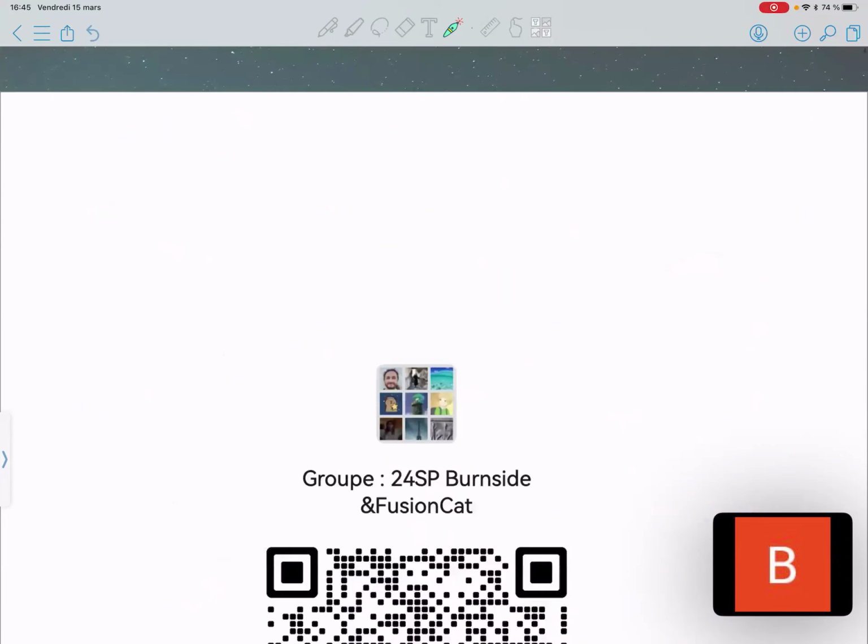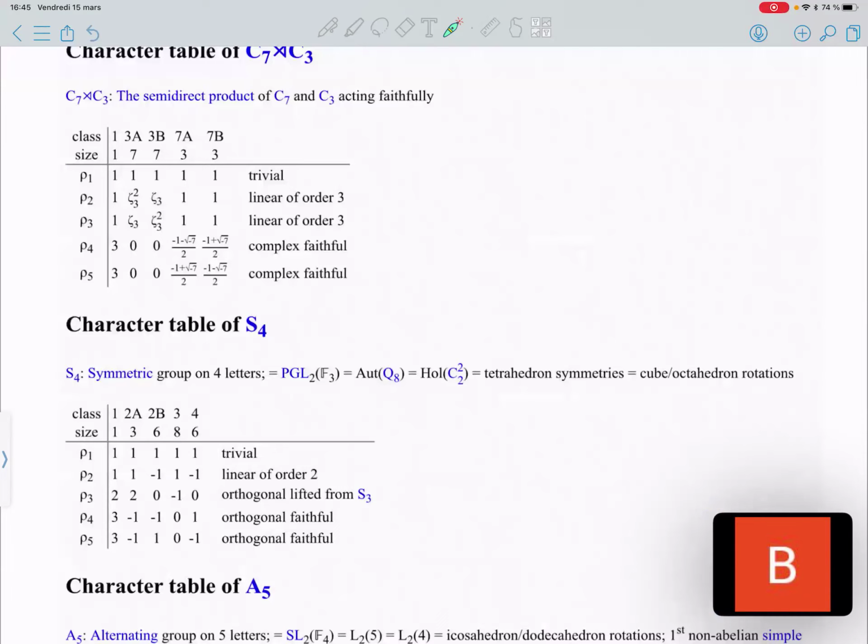So the determinant of the fusion matrix is a product of these elements, because in fact the fusion matrix is diagonalizable. In fact, this diagonal is exactly that. This is a reorganization of the diagonal.